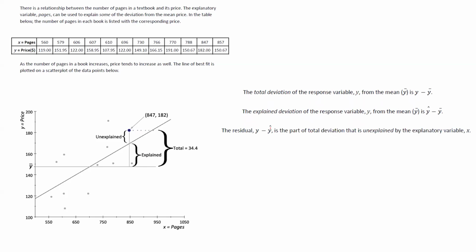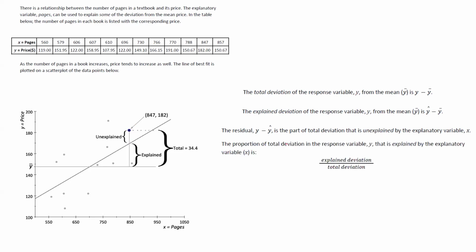The error or the residual is y minus y hat, the actual value minus the predicted value, is the part of the total deviation that is unexplained by explanatory variable x. So the actual value minus the predicted value is unexplained.